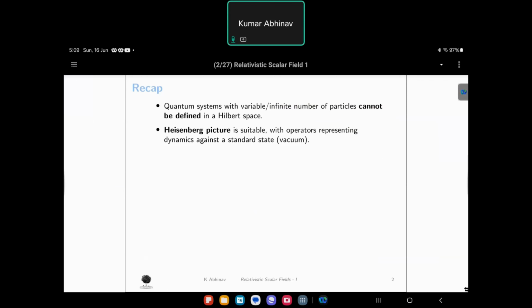If you have a scenario where particles are being created or absorbed, or you have an infinite number of particles, it is difficult to assign wave functions to the system in a convenient way, because usually we know that the wave function depends on space and time coordinates, and because the particle number is not fixed or finite, that assignment is practically not possible.